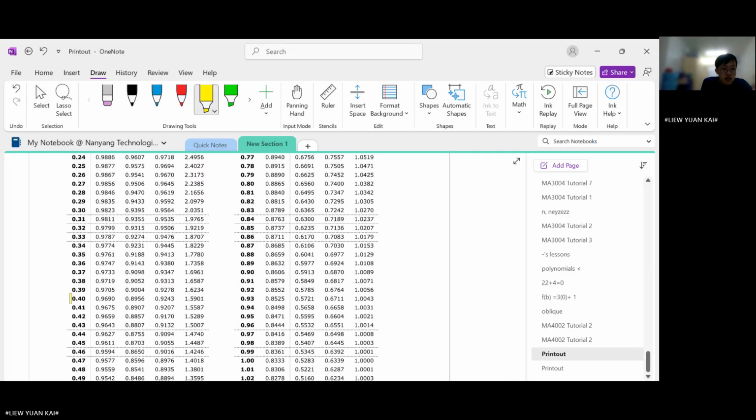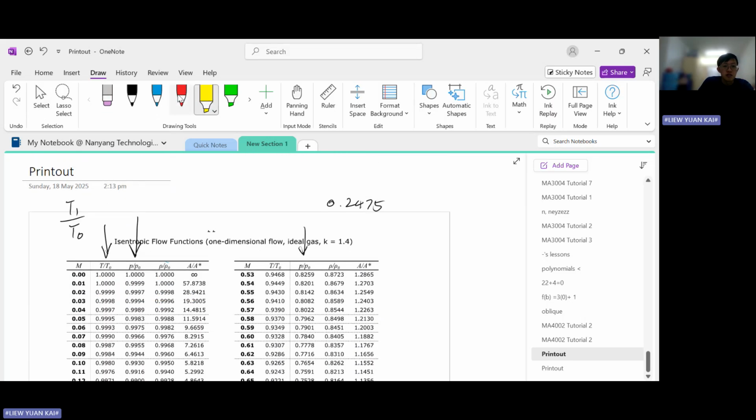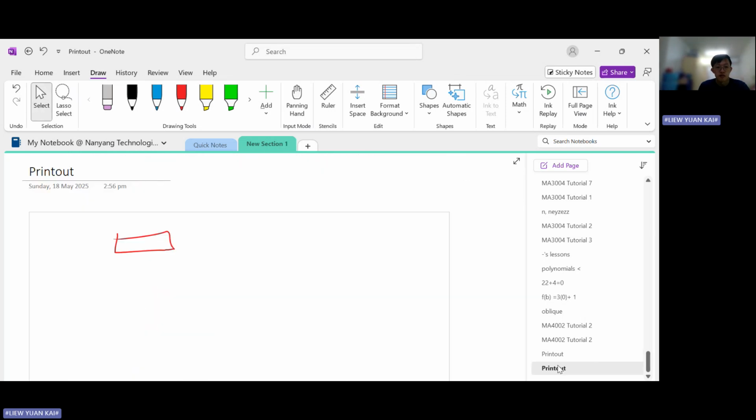Over here. And specifically we are looking for the pressure ratio, which is in this column. So let's go down this column and it'll be here. The pressure ratio will have a value of 0.9143.